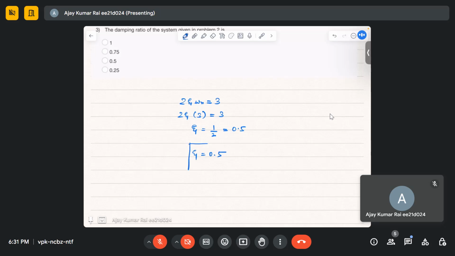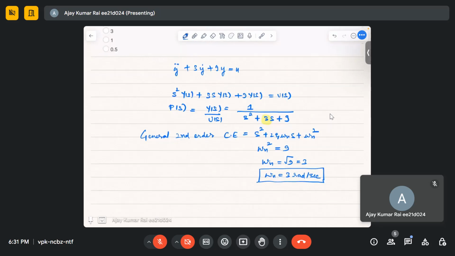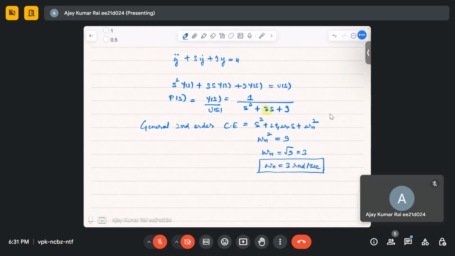Very simple. A transfer function is given, and you have to just compare with the general second order characteristic equation. So that's why I say remember this. Every other second order system has to be compared with this equation to find out the natural frequency and zeta.